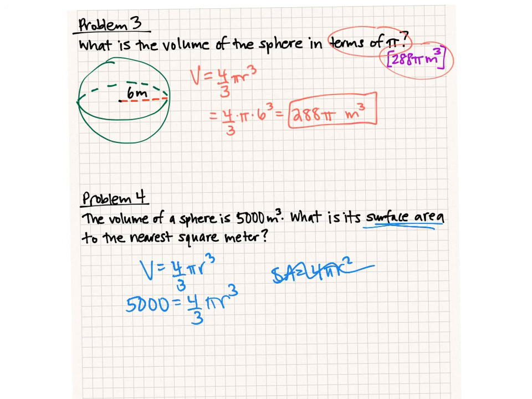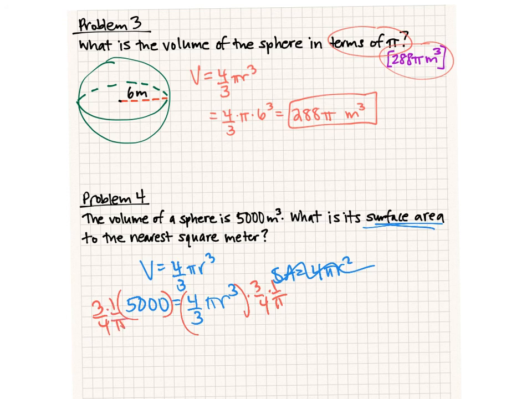Let's just figure out what r is. Let's solve for r here. So we were going to undo everything around r. In this case, we're going to multiply by 3/4 and then divide by pi, which is the same as multiplying by 1/pi.